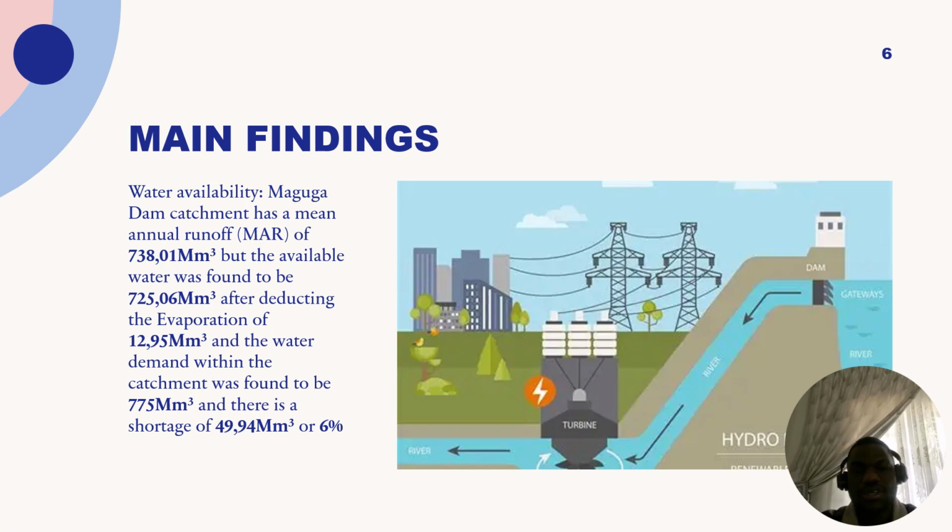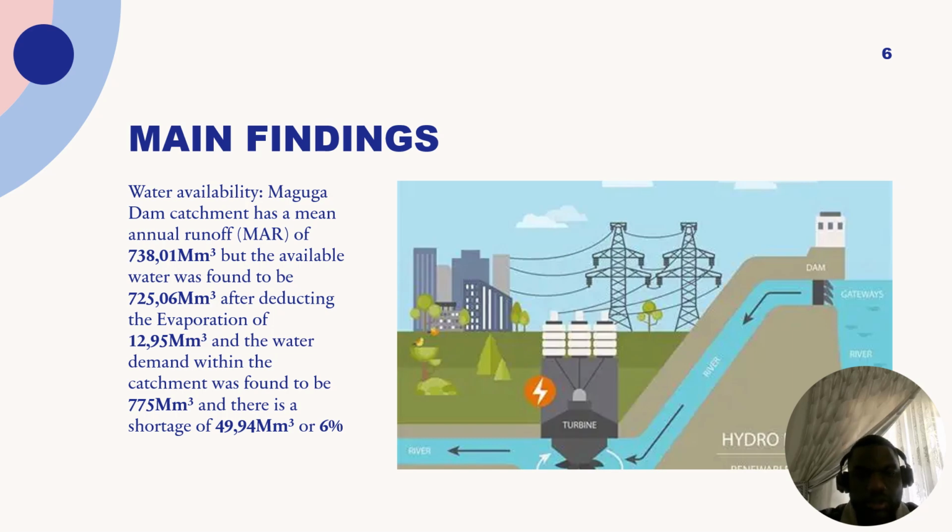For this project, the evaporation was given to us, so we deduct the evaporation from the mean annual runoff. The evaporation was found to be 12.95 mega cubic meters per year, and subtracting that from the 738 gave us a water availability of 725.06 mega cubic meters.